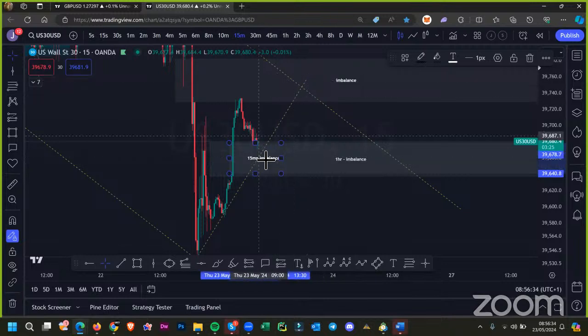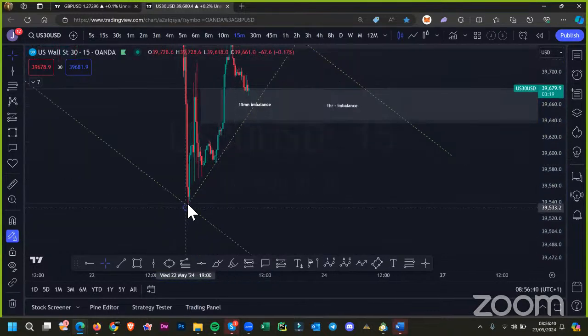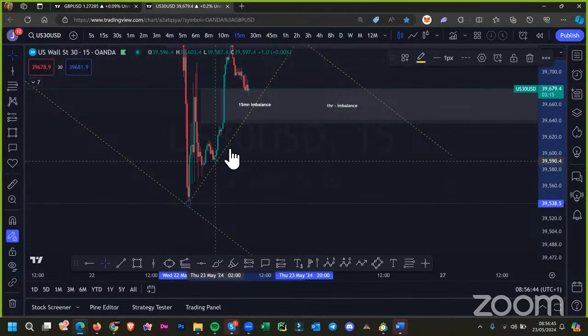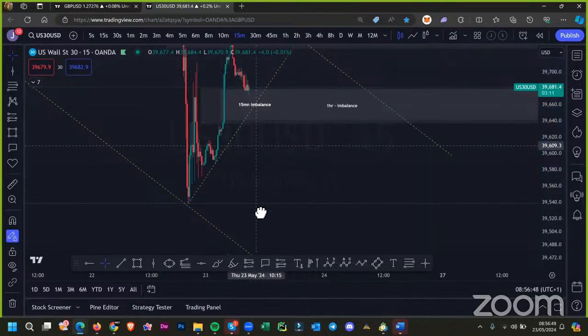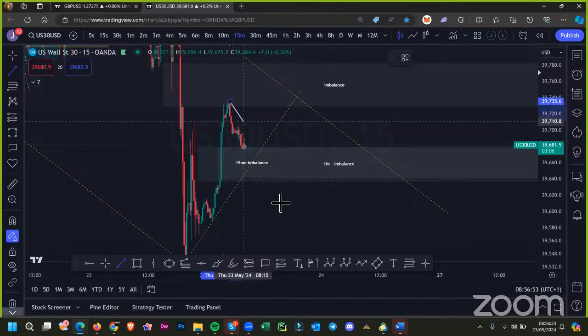Maybe it's just going to tap the bottom of our range. I'm trying to draw this properly. Touching this data point over here. Touching this next data point over here. Maybe the market is just going to come down here to 50% of it and then start pushing up. But I will be looking to see whether the market breaks structure. Look at the structure. The structure is like this.